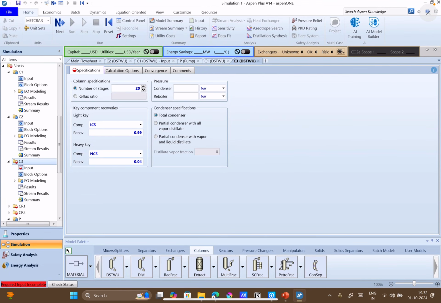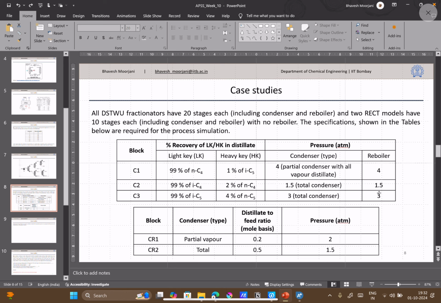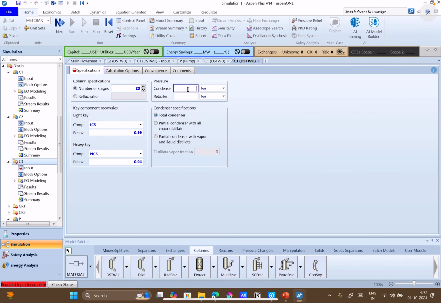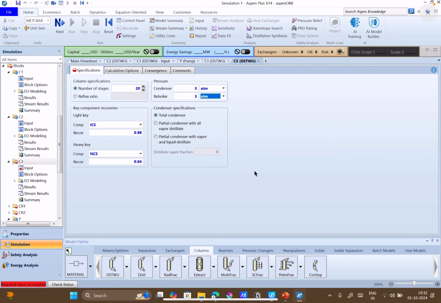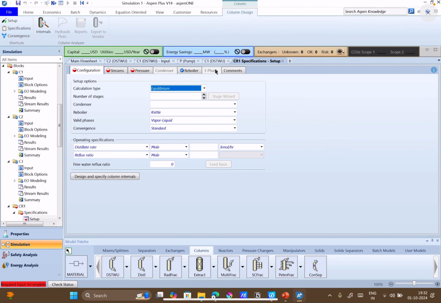Again here also it has total condenser and pressure value of 3 atmosphere. Okay, go next. Now we have to provide information for the reflux column, which is CR1.